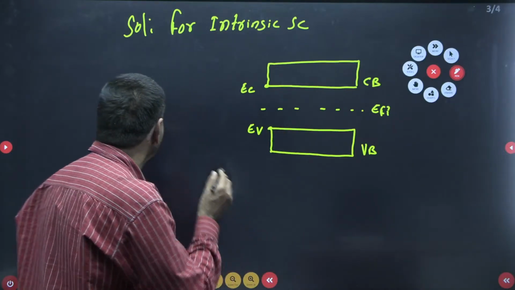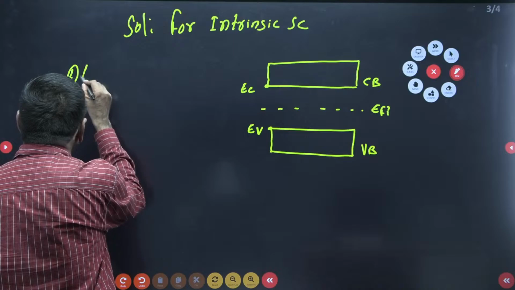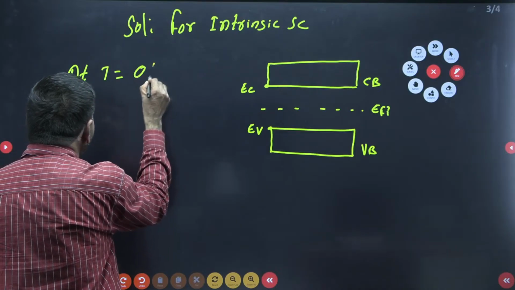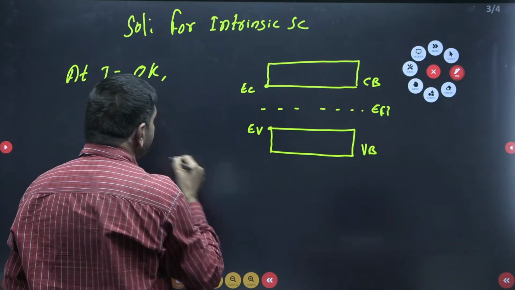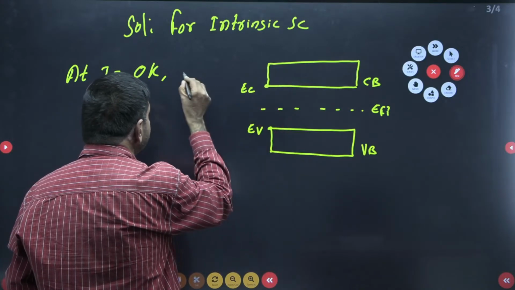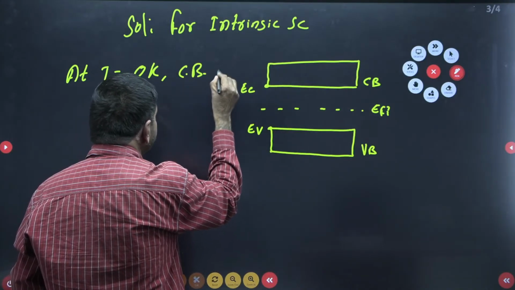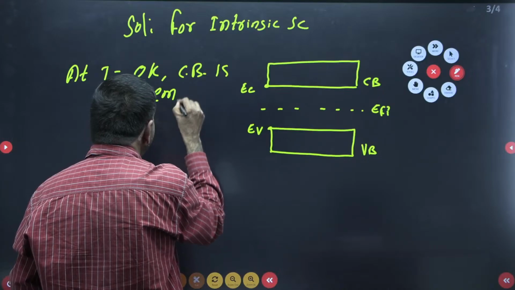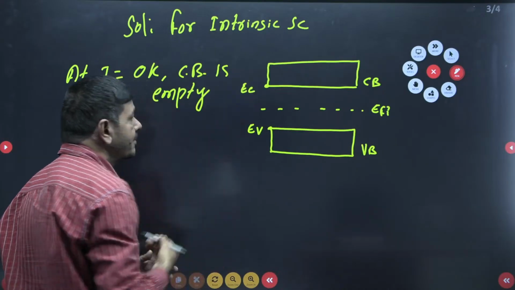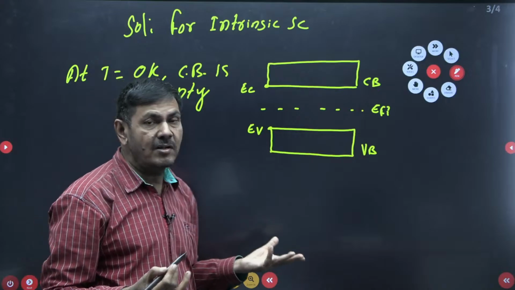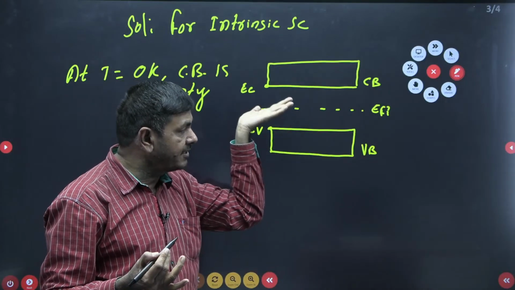Catch my point. At T equal to 0 Kelvin, the conduction band (CB) is empty. But where are the electrons existing? Within the bond, that means in the valence band only.